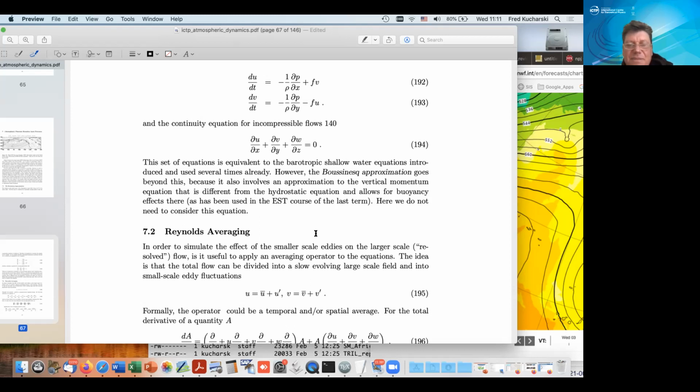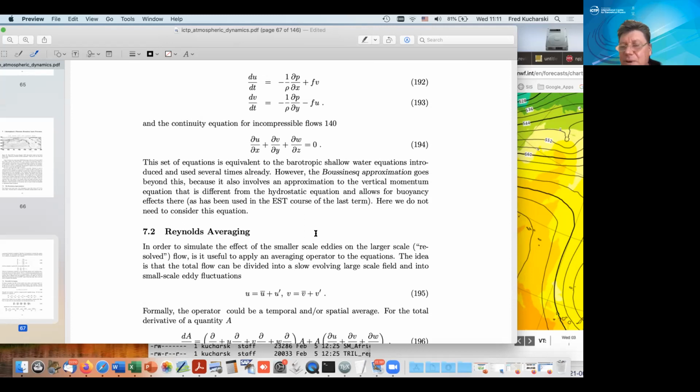Now, the thing is, we want to understand the action of smaller scale eddies on the resolved flow. And this problem will always appear. If you plan to write a numerical model, in your PhD thesis or later in research, there's always a horizontal, vertical, and time resolution.